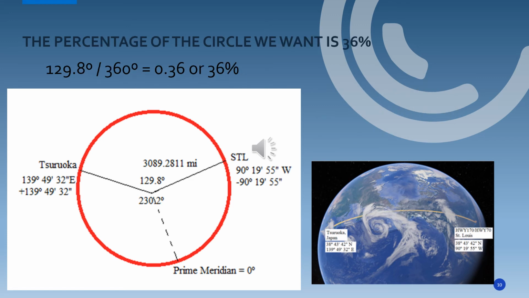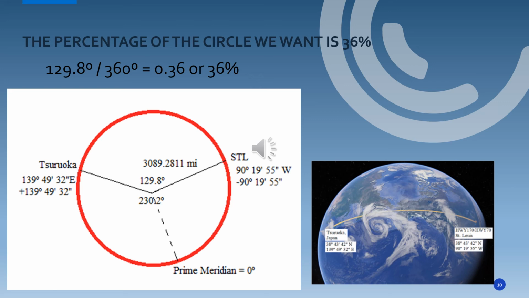The distance between Soroka, Japan and St. Louis will be a percentage of the full circumference. So to find that percentage, take the angle 129.8 and divide by 360. That gives us the proportion 0.36. 0.36 is 36%.